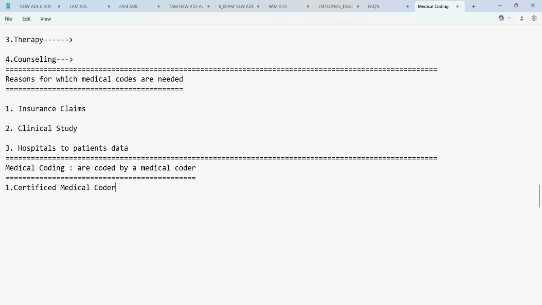The rest of them are not recognized much. So certified medical coder, and as well we can say uncertified medical coder.